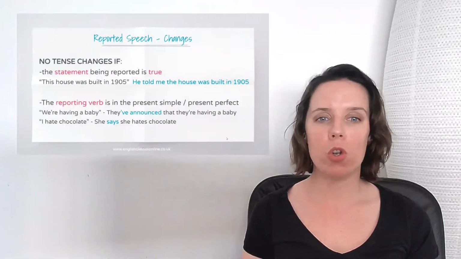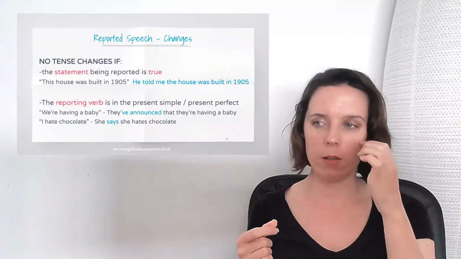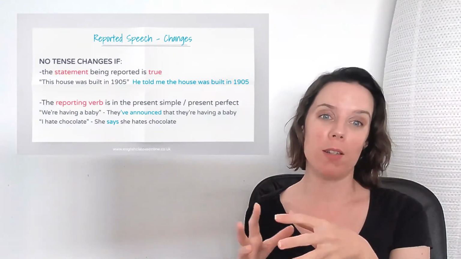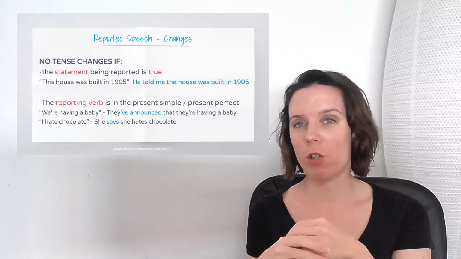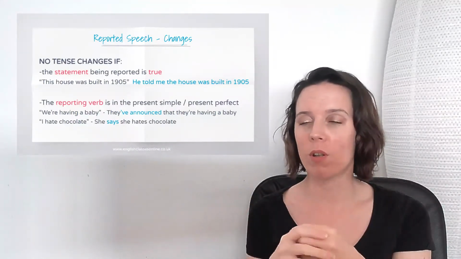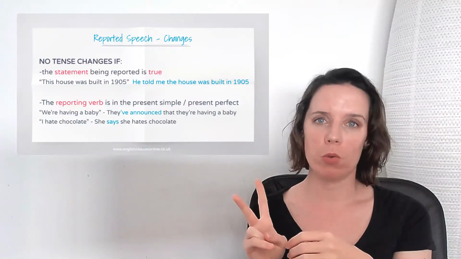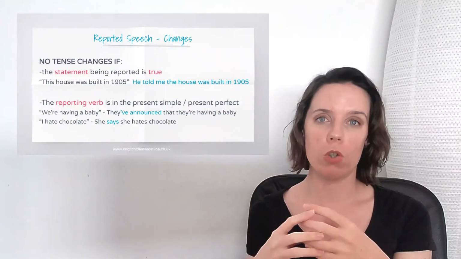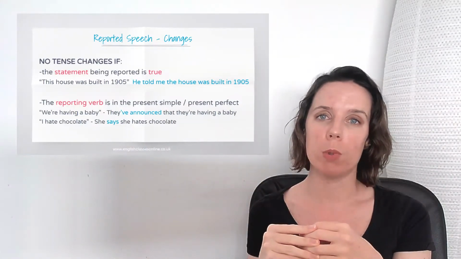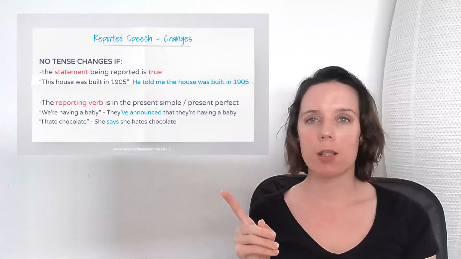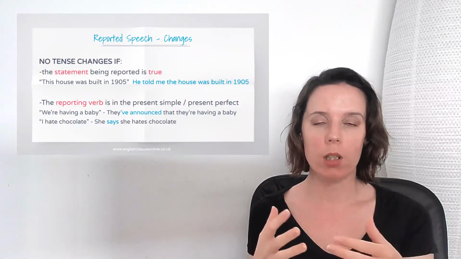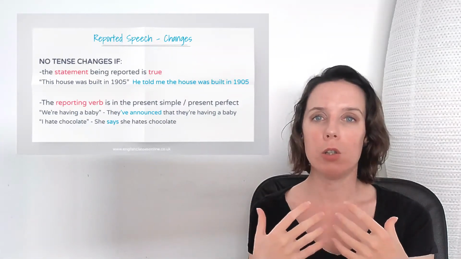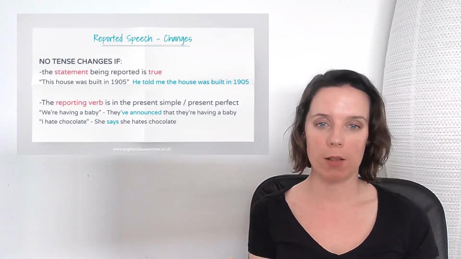But when don't you have to change tense? So this is something they might test you on, okay? You might think you have to change the tense, but actually you don't. So there are two reasons why you don't change the tense in reported speech. Reason number one is that the statement you are reporting is true. If you're saying a fact, you do not have to change that tense.